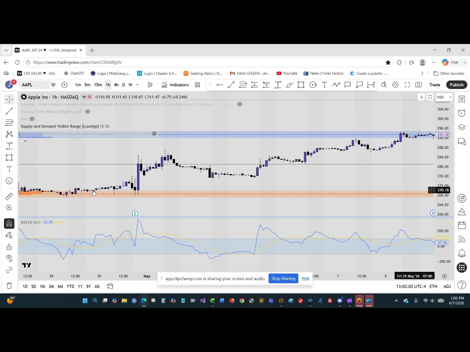When you line them up, as your price action starts to go up, look at what's happening. Your blue line is above your yellow line, and it's also above this channel. If you're wondering how you can use this, think of it as a secondary confirmation that it's time to get into the trade.